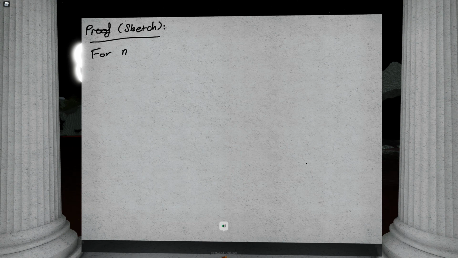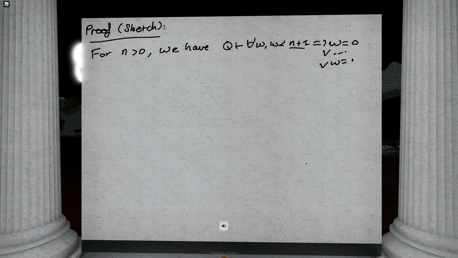So the full statement is for n greater than 0, we have that Q proves for all w, w less than n plus 1 bar implies w is equal to 0, or ... or w is equal to n. Okay, so that's the first lemma that we need. Let me call that Lemma 1.